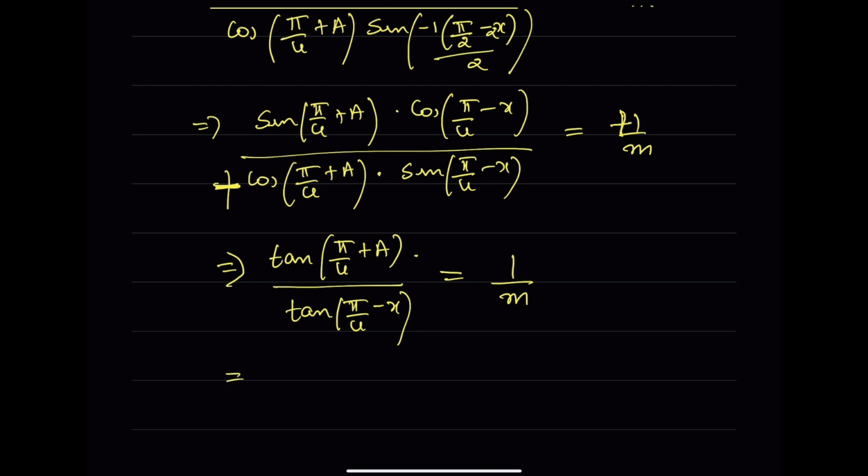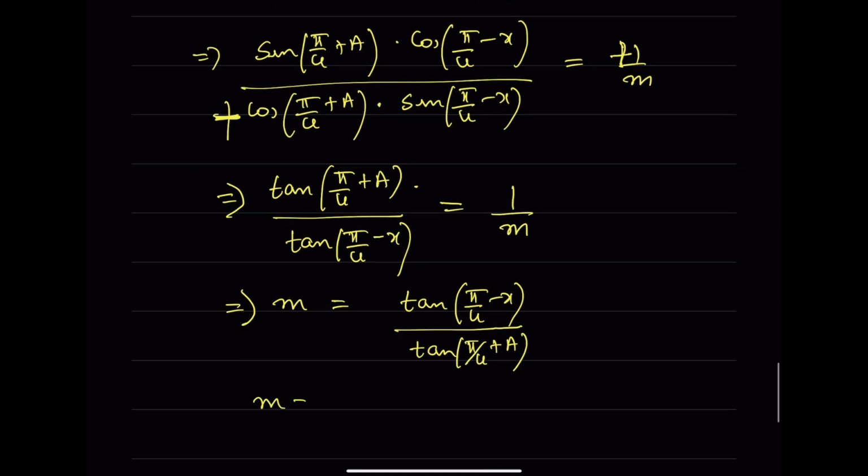Now m is equal to tan of pi by 4 minus x divided by tan of pi by 4 plus a. Now what I can do is, this is tan of pi by 4 minus x multiplied by cot of pi by 4 plus a.